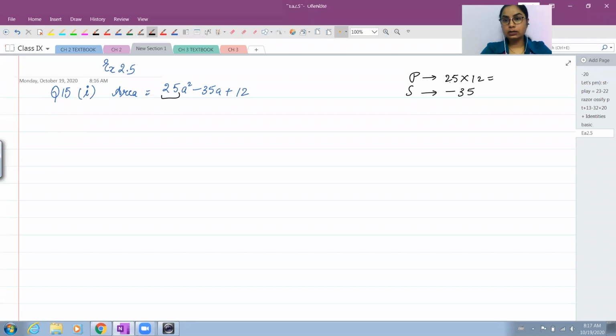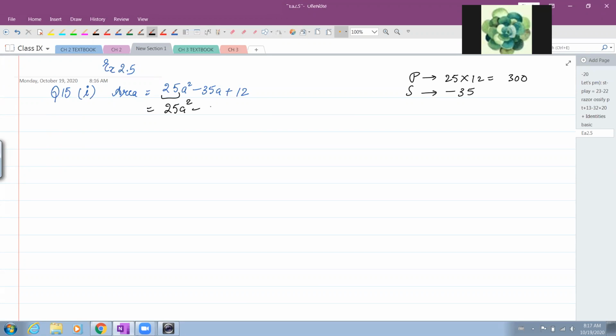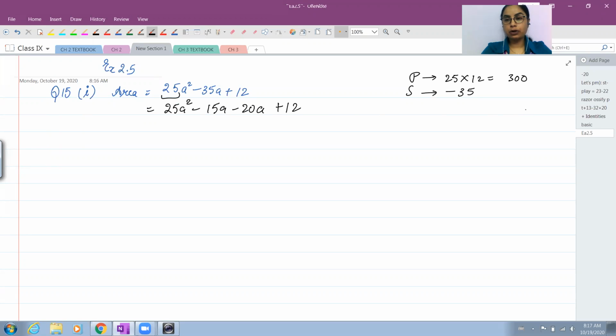So think of the factors of this value. 25 multiplied by 12, it will be 300. So I need two values whose product is 300 and the sum is minus 35. Minus 15 into minus 20, that will give me the product as 300 and the sum as minus 35.